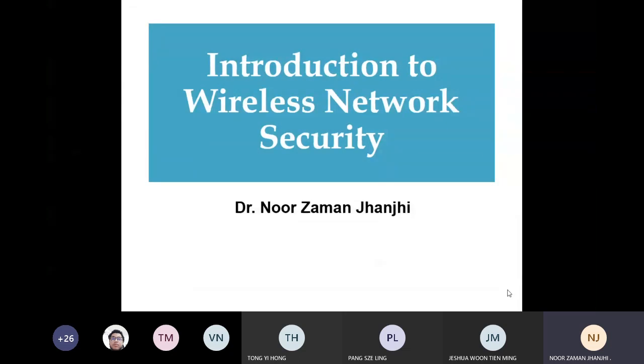It means something which is wireless, another thing which can form the network, and the third point is the security. So we are here in this course to discuss the security issues and security mechanisms of a network which is actually wireless.